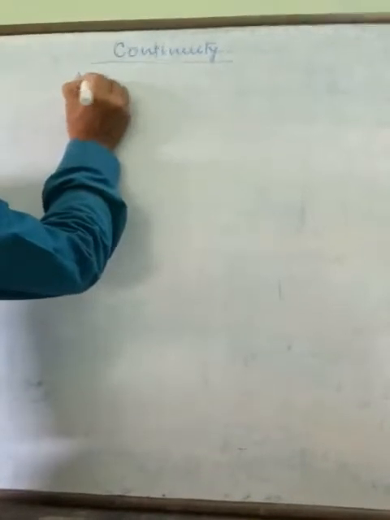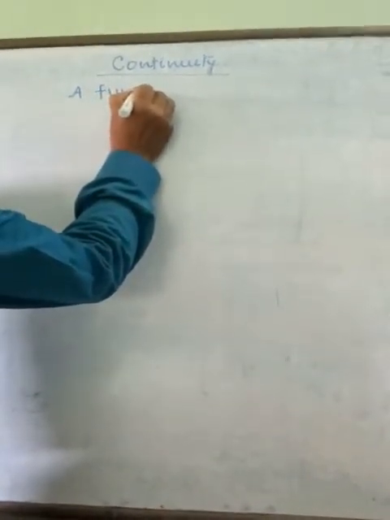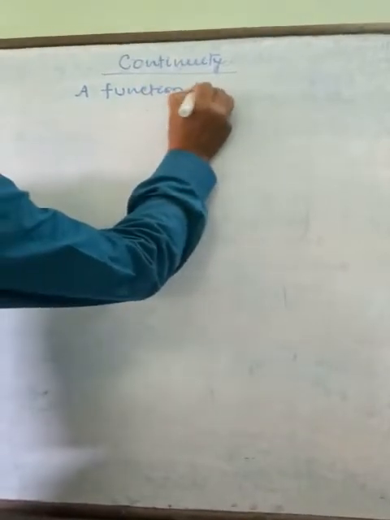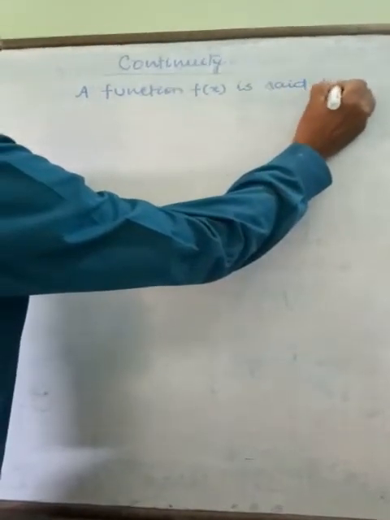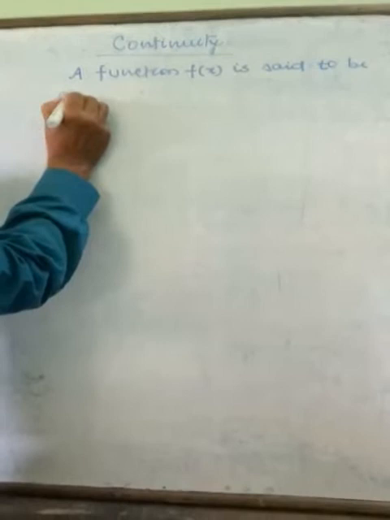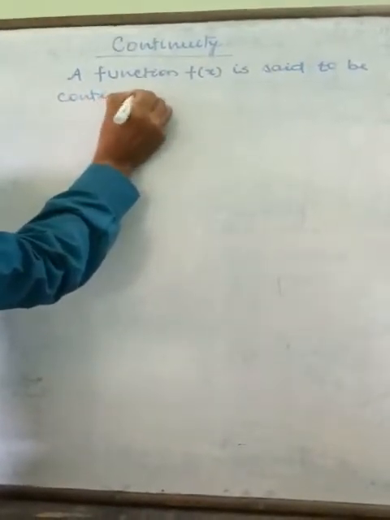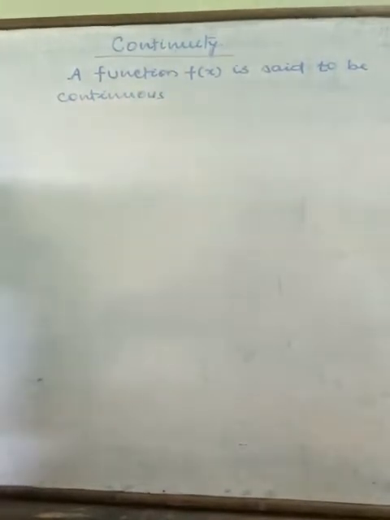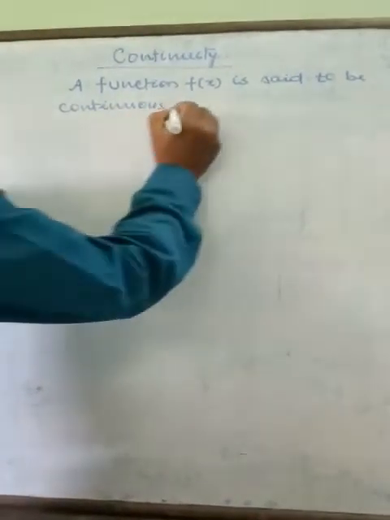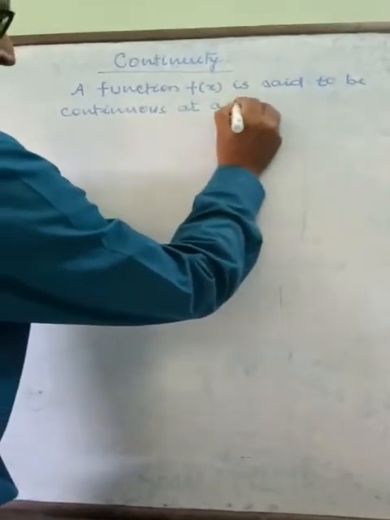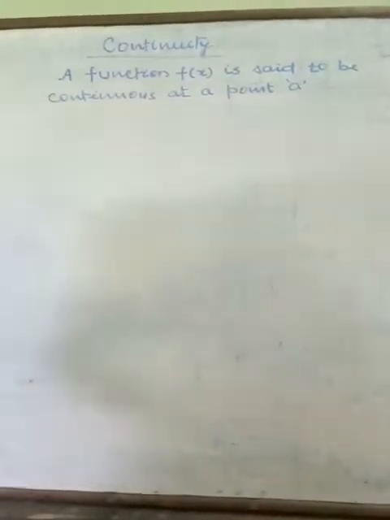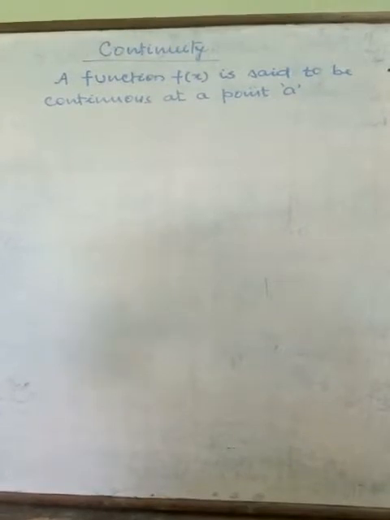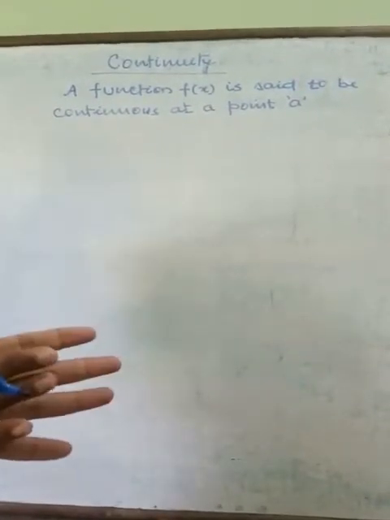A function f(x) is said to be continuous at a point a, if the limit exists and its value is f(a).